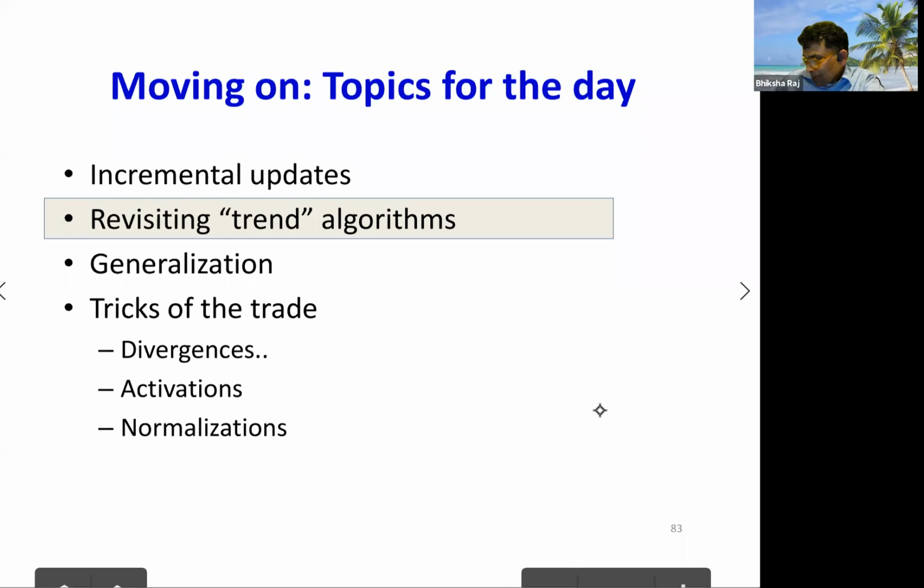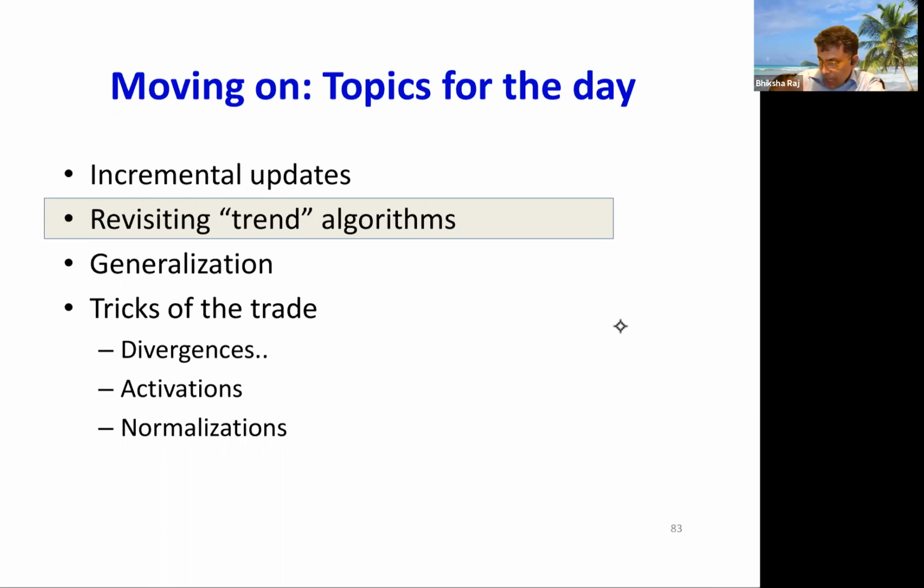By trend algorithms, we mean algorithms that use prior trends in the updates to estimate the next update, like momentum methods. Now, in the batch update case, trend algorithms only serve to speed up convergence. In SGD and mini batch, they serve an additional purpose. In these incremental methods, the loss function itself varies from iteration to iteration.